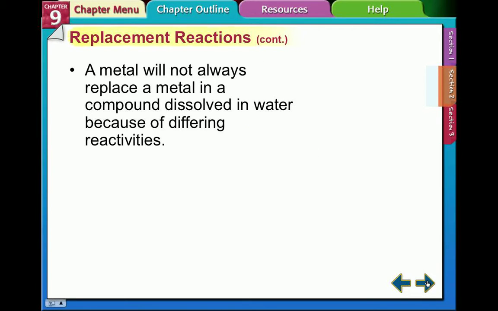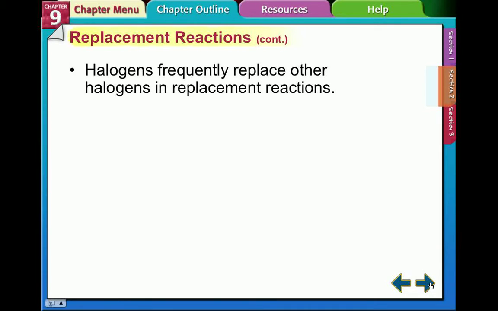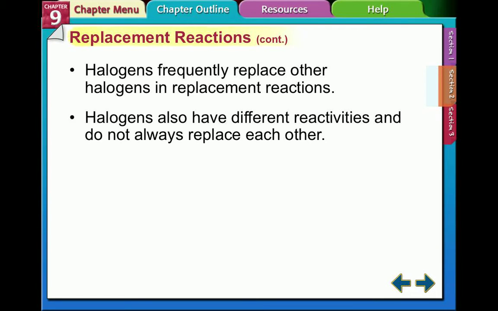Okay, a metal will not always replace a metal in a compound dissolved in water because of the differing reactivities. Halogens frequently replace other halogens in replacement reactions. So keep those 2 things in mind. Halogens also have different reactivities and do not always replace each other.